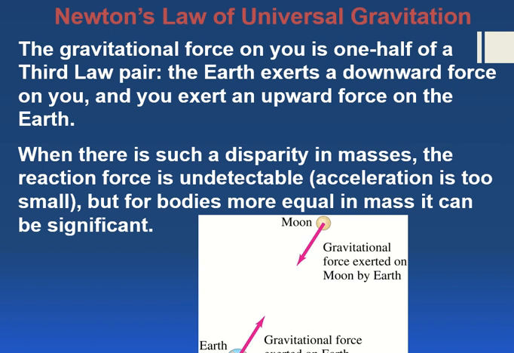However, because there is such a disparity in masses, I am so significantly much smaller than Earth is, okay? The reaction force is undetectable. The acceleration is just too small. However, for bodies of more equal mass, it can be more significant. So again, we've got the moon here, and the moon is pulling on Earth, and Earth is also pulling on the moon.